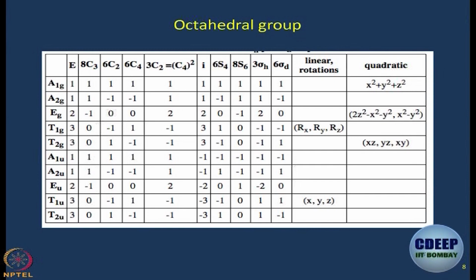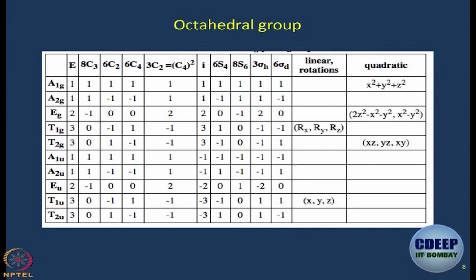So, if we have functions that belong to a 2-dimensional or 3-dimensional representation, then they are going to be degenerate. Now, if you look at the character table, see xz, yz, xy belong to T2G, and 2z square minus x square minus y square and x square minus y square jointly form the basis for EG.